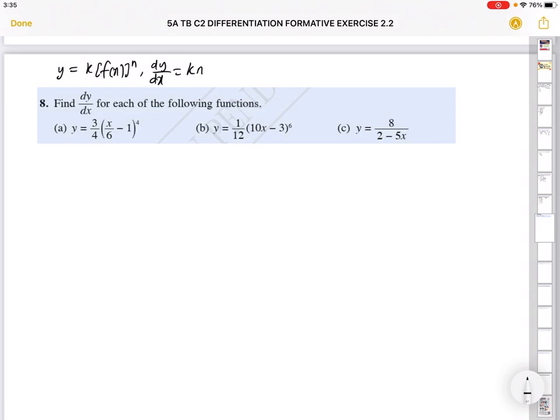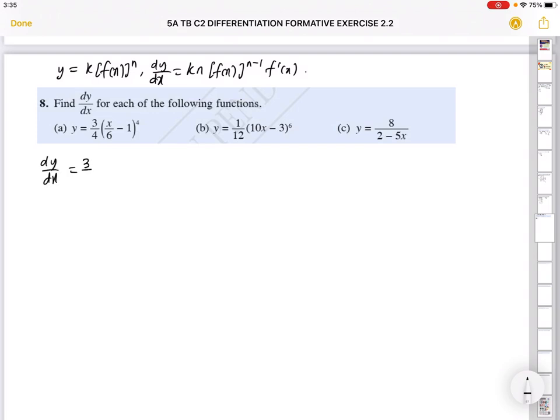Where the bracket is on top, that means k f(x) with the bracket power n. You bring the power down, you copy the bracket, you reduce the power by 1, and you differentiate inside. So this part A and B involve this formula for composite function. When I differentiate, you bring the power down.